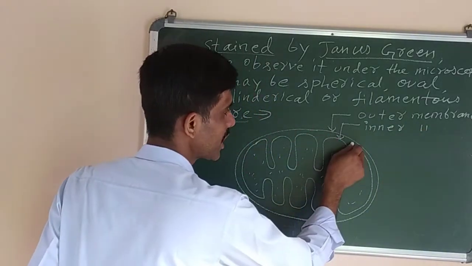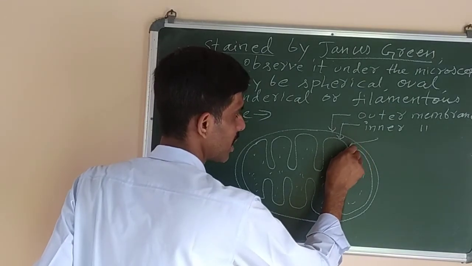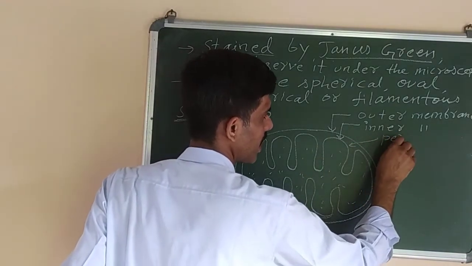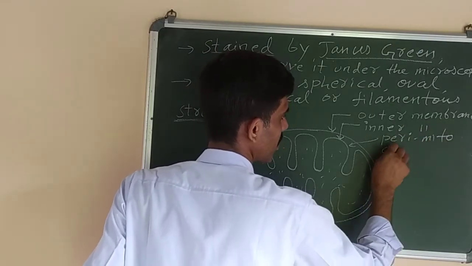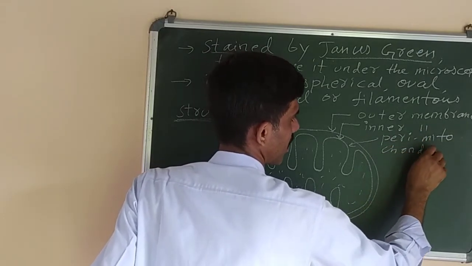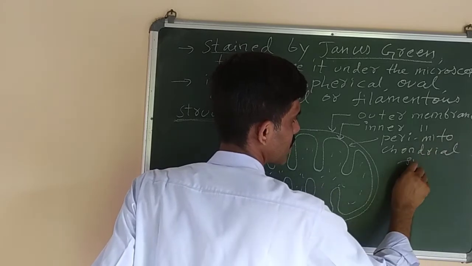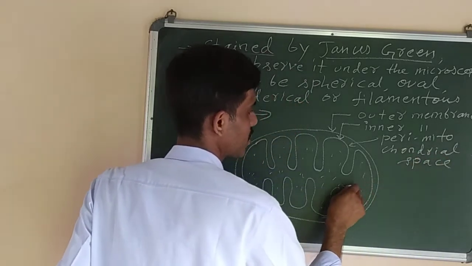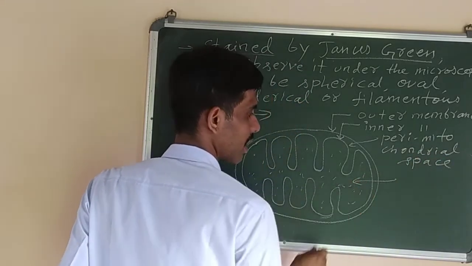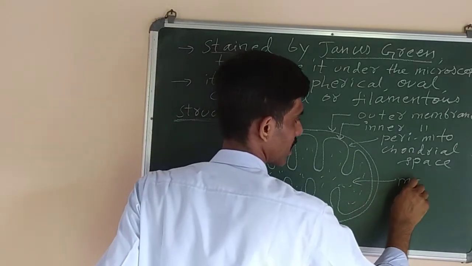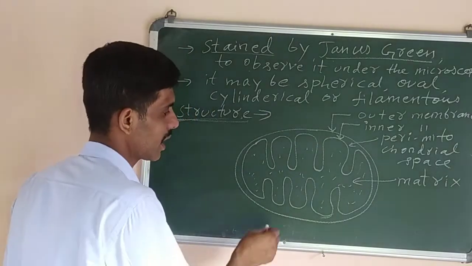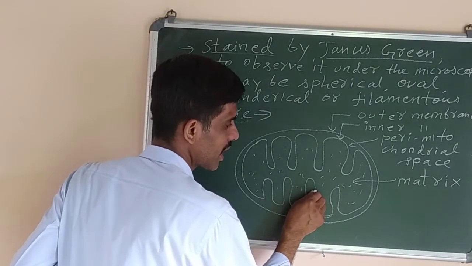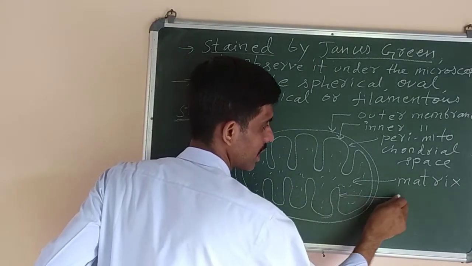In between these two, the space which is present is called perimitochondrial space. This one is called matrix. Matrix is the ground substance which is present, and then you can see these finger-like structures. They are called cristae.